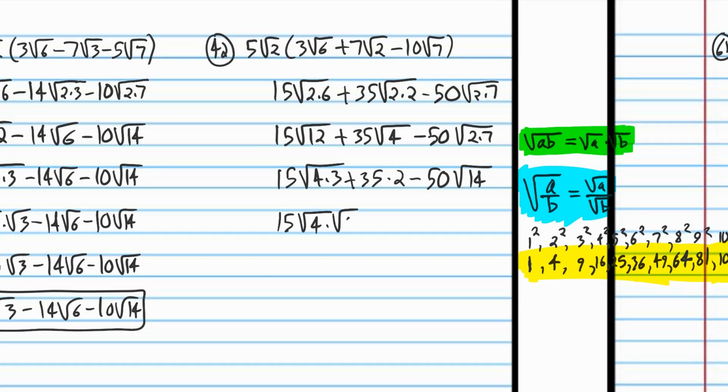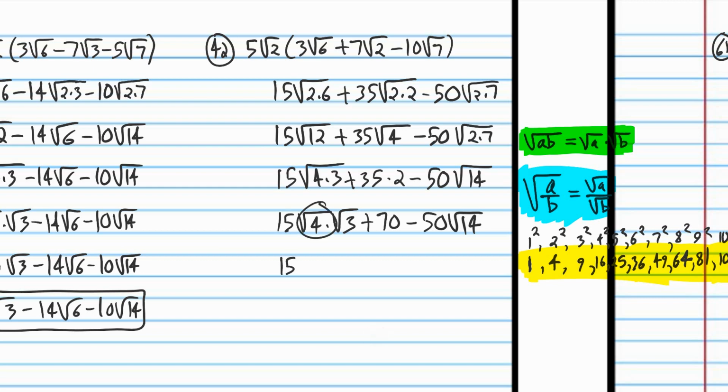We're using the green principle here. 35 times 2 is 70. And there's nothing we can do with negative 50 root 14 because root 14 is an irrational number. 14 is not a perfect square. Now if that were 16, then we could find the square root. That would just be 4, but it's not 16, it's 14. 14 is not a perfect square.